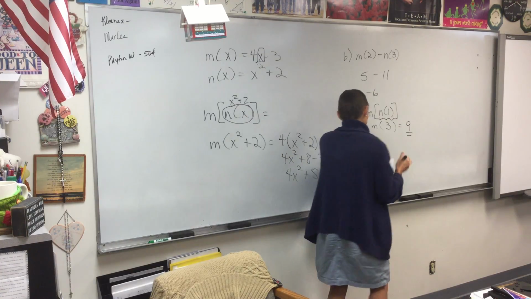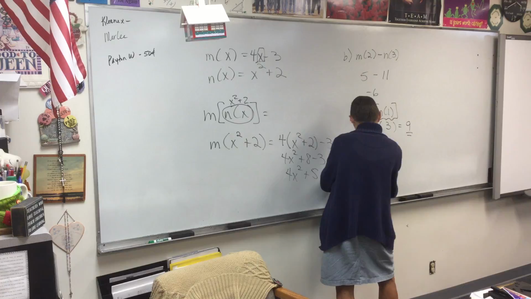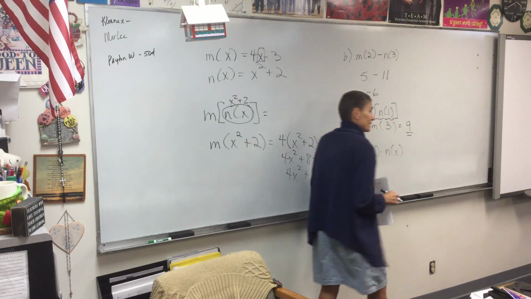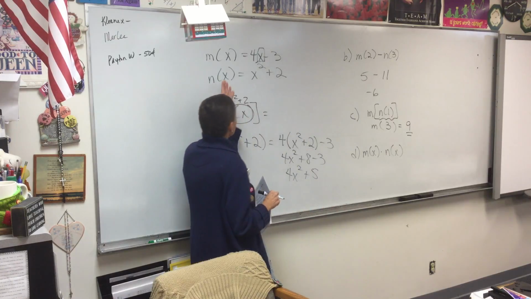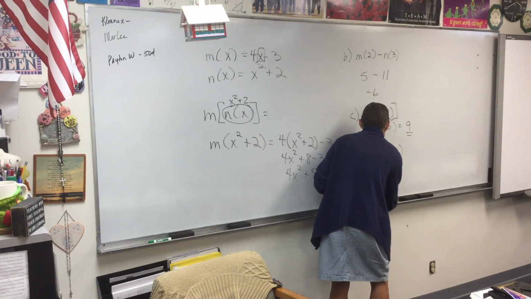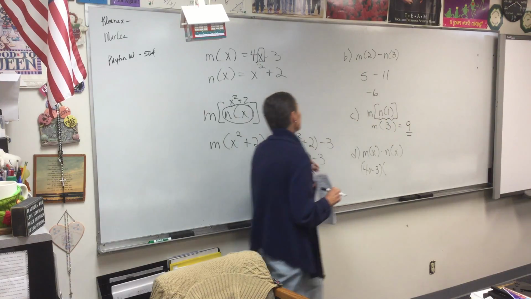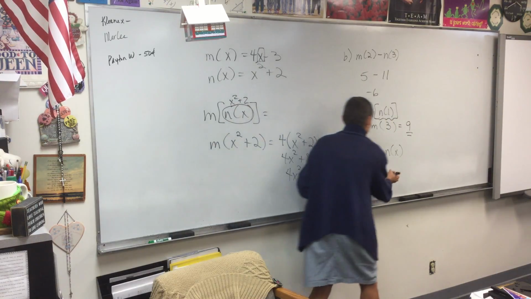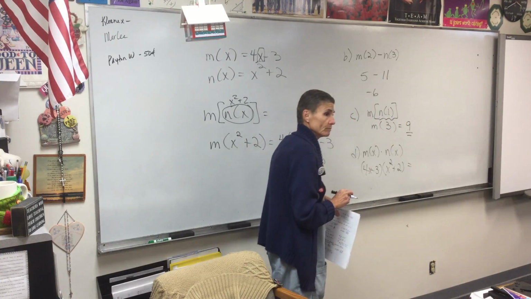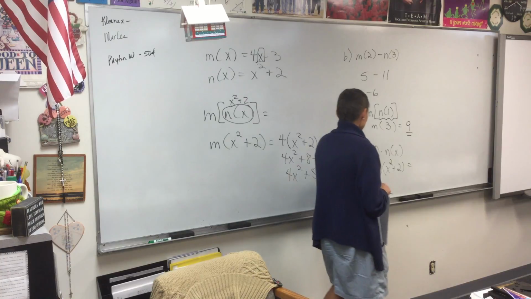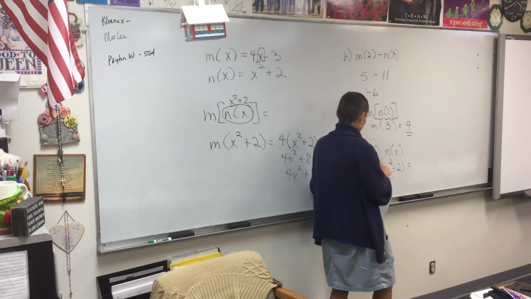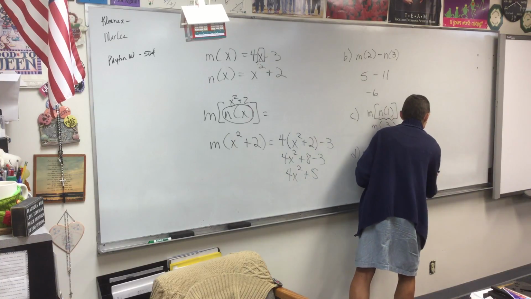And finally D. D says multiply m of x times n of x. Do not make this hard. What is m of x? 4x minus 3. N of x is x squared plus 2. Oh shoot, what are we going to have to do? FOIL. So outside, or first, I'll start with first. First gives me 4x cubed.